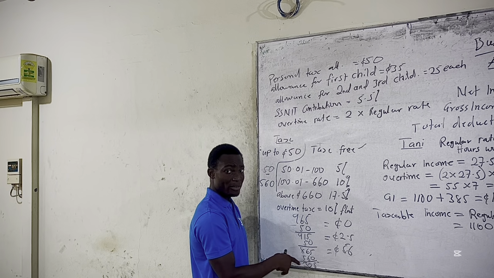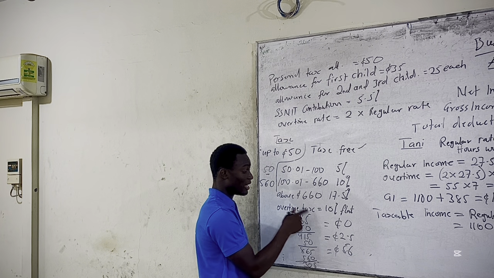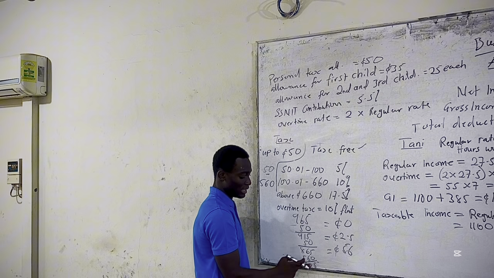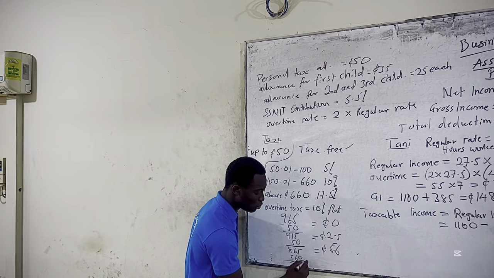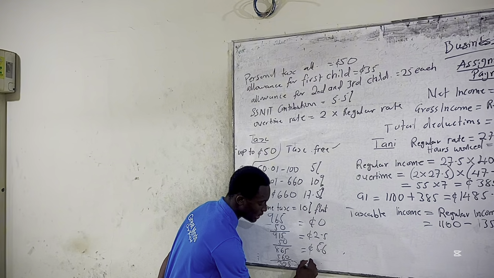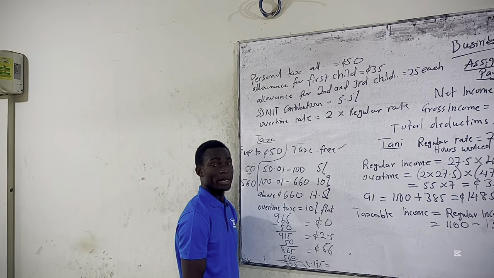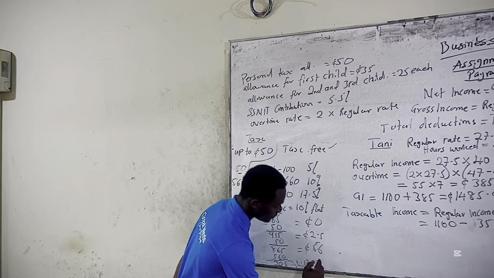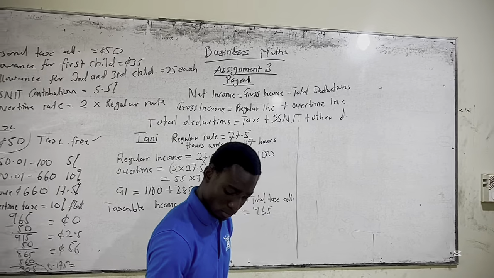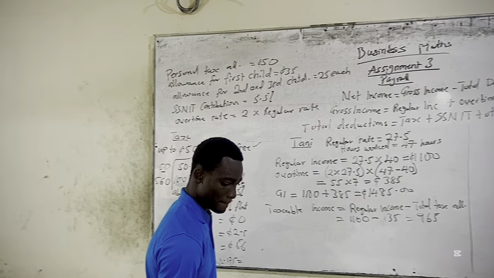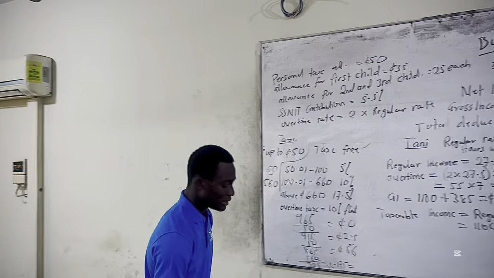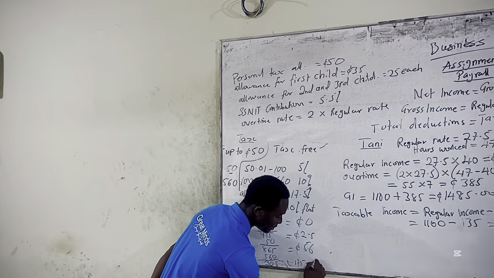So all you need to do is to multiply this by 17.5%, which is 0.175, and this is going to give you 53.38 Ghana cedis.